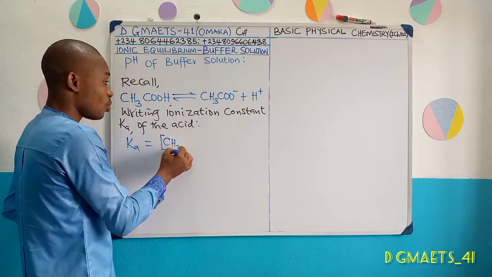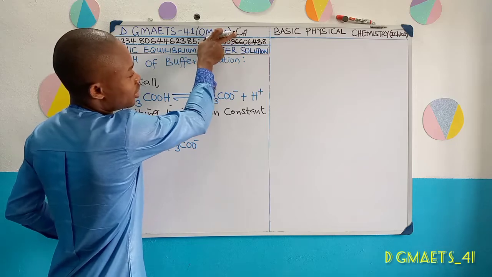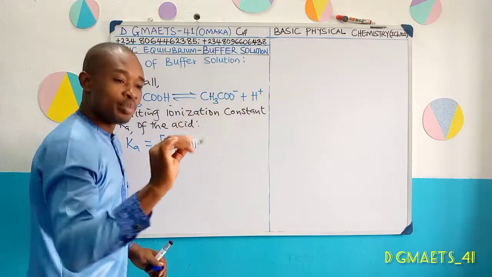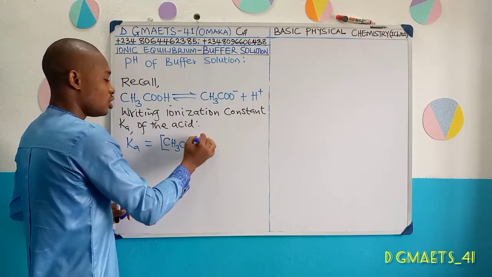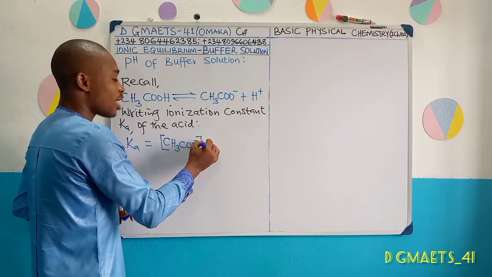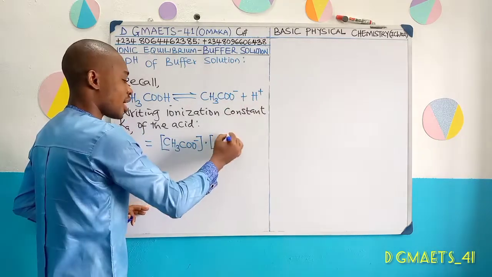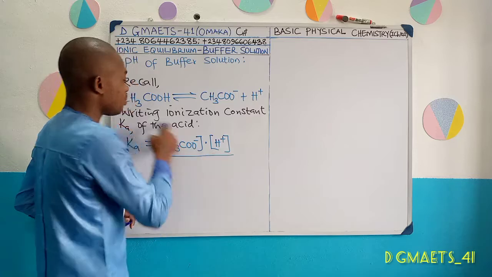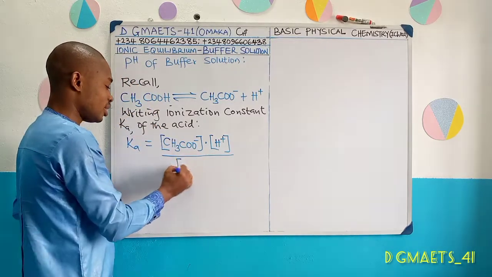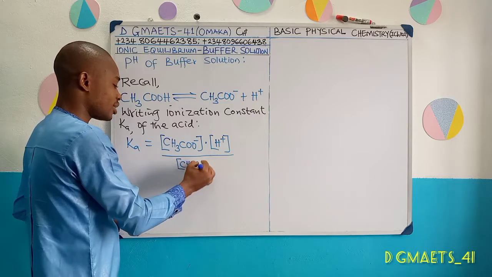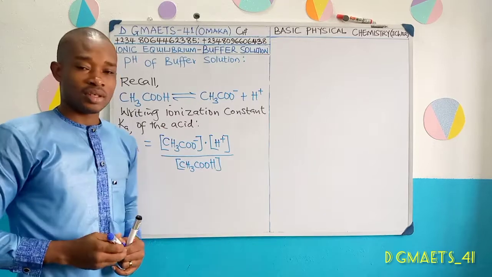I will use concentration of this ion multiply concentration of hydrogen ion wey dey this product side. Then I will divide them by concentration of wetin dey the reactant side wey be the acid. So see am like this, the ionization constant of this acid will be Ka.